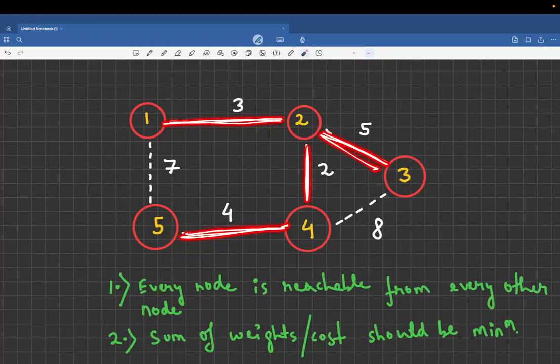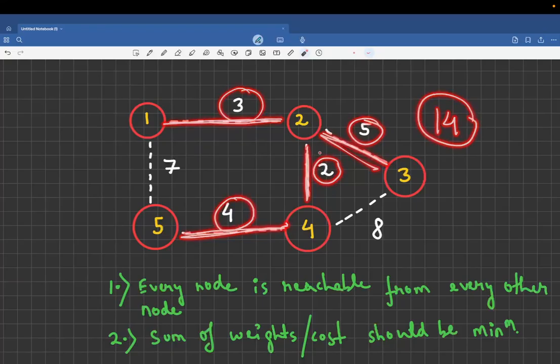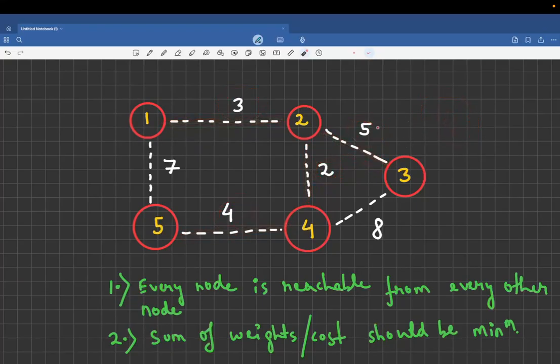And if you now see the sum of the cost, it is 4 plus 2 plus 5 plus 3, which is 14. And this is the minimum that we can achieve.